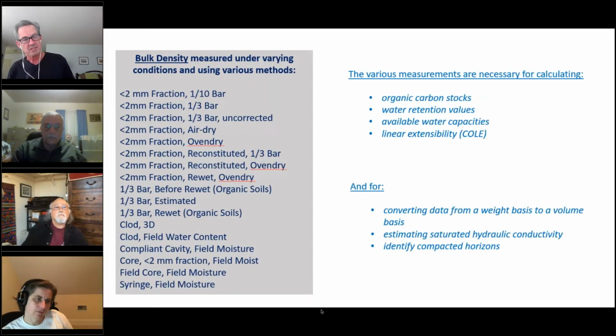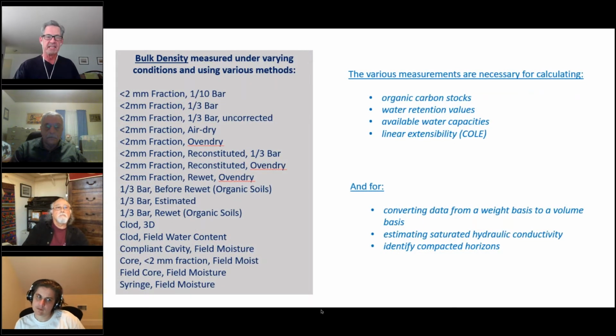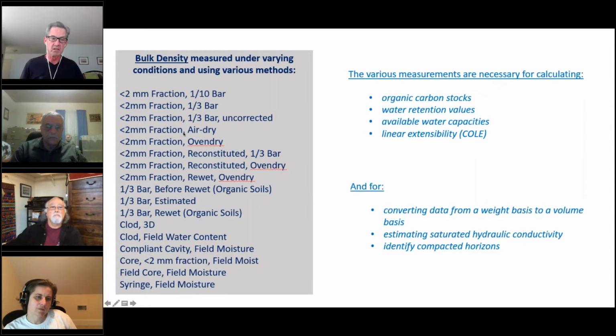And this just displays what we're talking about. I can't point with my mouse, but on the left side, these are KSSL methods, just a listing of the current methodologies that are used and measures that are found in databases.